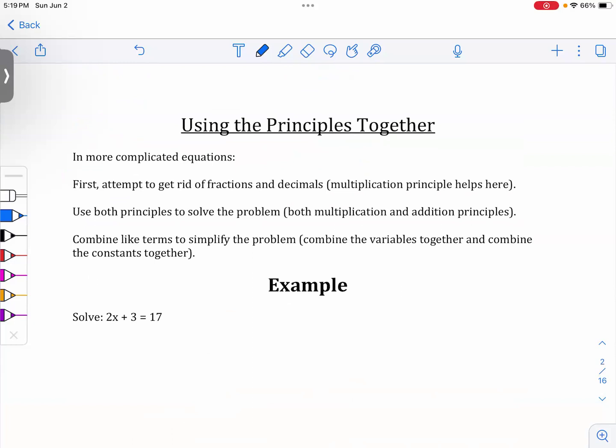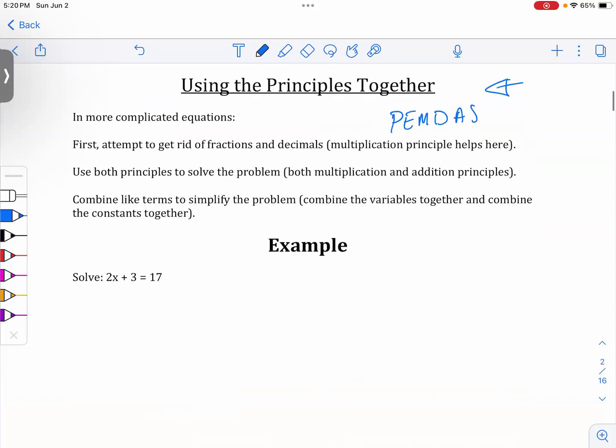What makes these problems more complicated is when you have lots of things going on, and specifically parentheses. So again, PEMDAS, parentheses, exponent, multiplication, division, addition, subtraction, follow the order of operations. And when solving equations, you do that in reverse. You do the simplest stuff and work backwards.